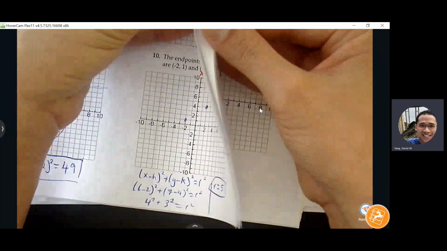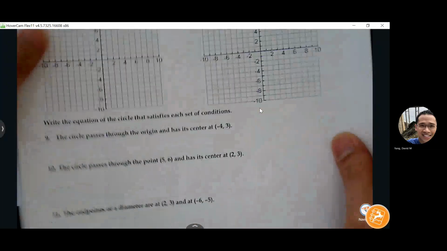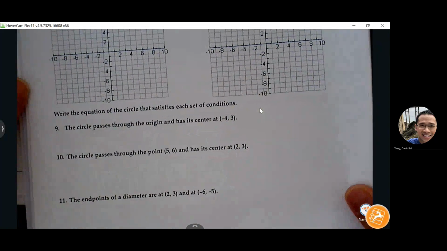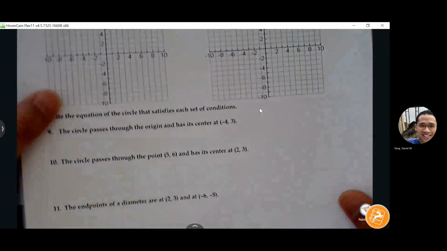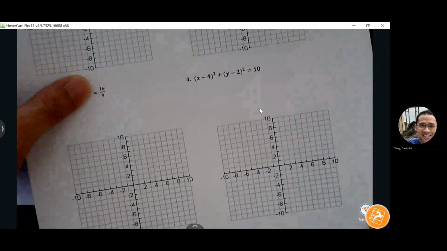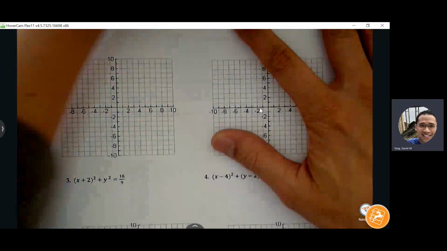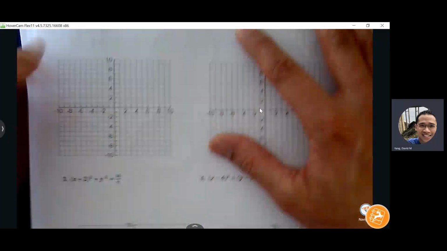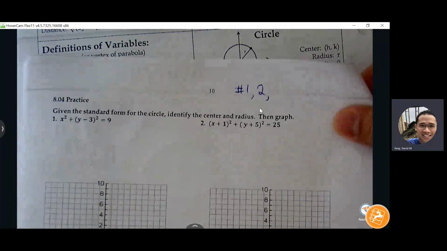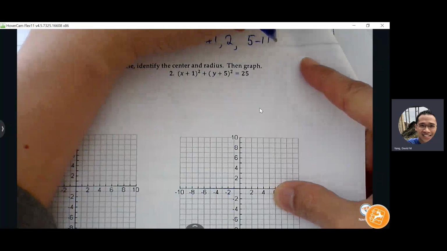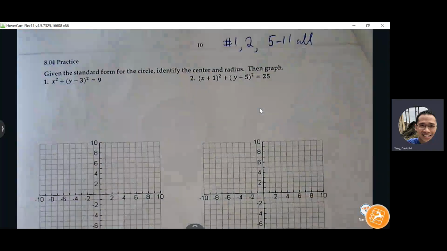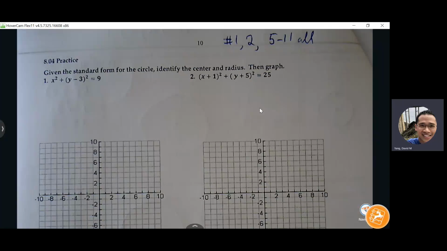All right, let's go to page 10 and 11. Okay, so here is the classwork. Let's do numbers 1 and 2. And then on page 11, we'll do all of it, 5 through 11. Those are the more important ones I want us to practice with. So I'll work through it at the same time that you guys are doing it, 1 and 2, and then 5 through 11 all.